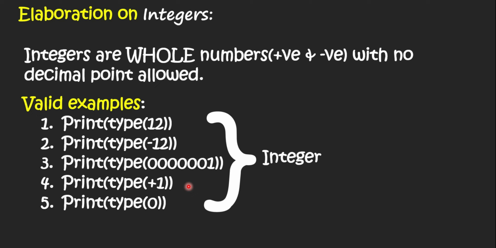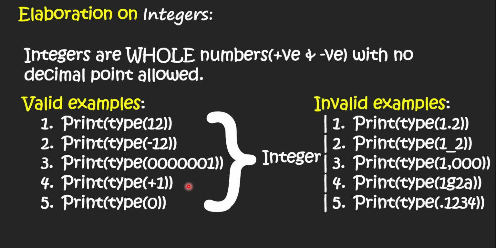All right, so let's have a look at some invalid examples. As you can see, this is 1.2. Obviously this is not an integer, this is a float. The second one is 1 underscore 2. Underscore is not valid here, so this is not an integer. The third one is 1,000. We have used a comma here, so this is again not a valid integer. 1G2A is a hexadecimal number, so this is also not an integer.